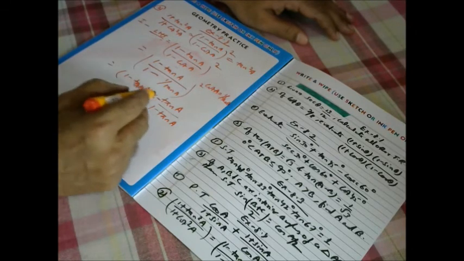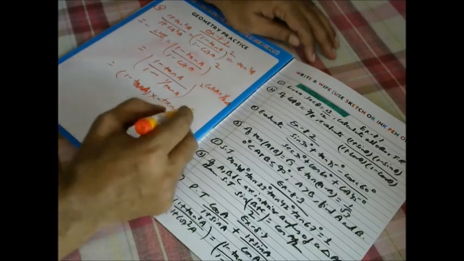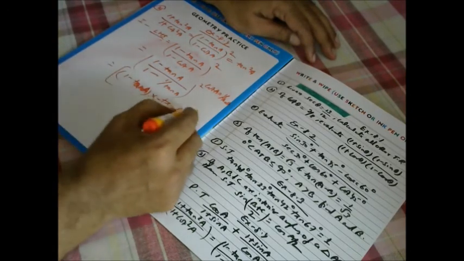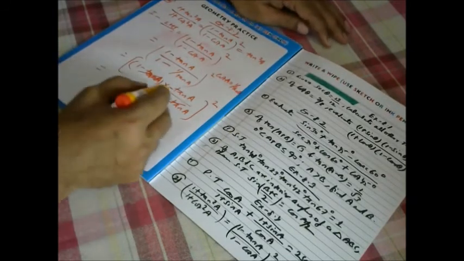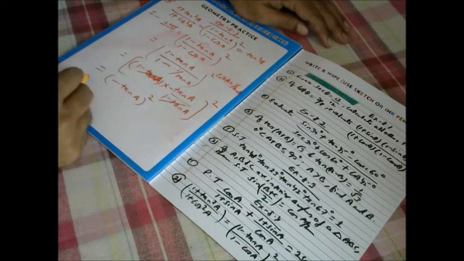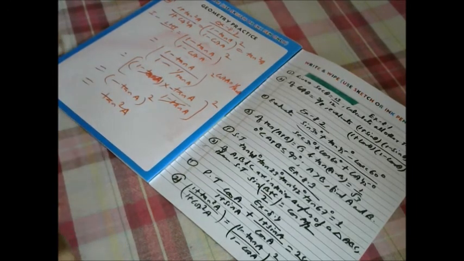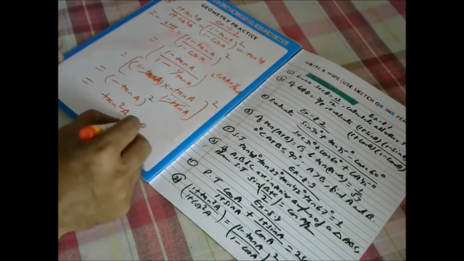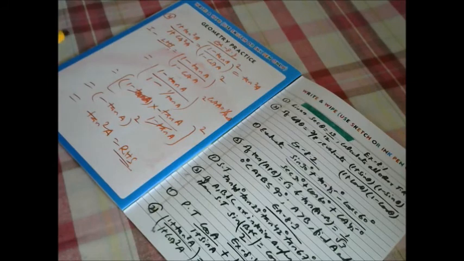If we keep this minus, then it will become 1 minus tan A, and this is completely square. So this got cancelled. Okay, and then minus tan A square will give us tan square A. Okay, and this is RHS. So we have proved.